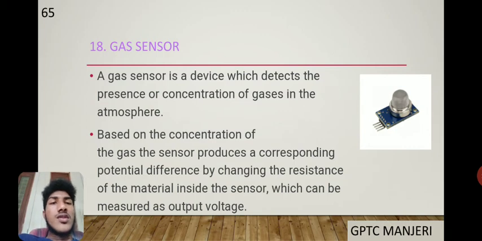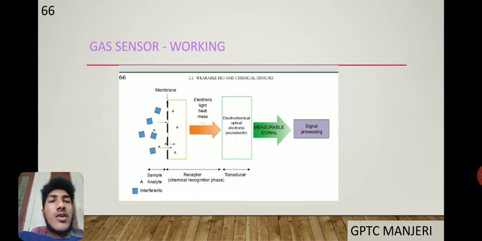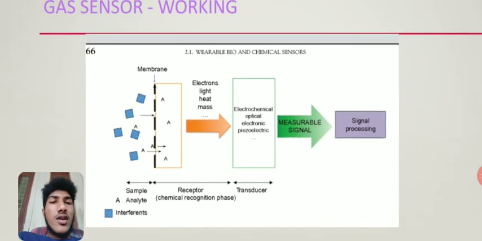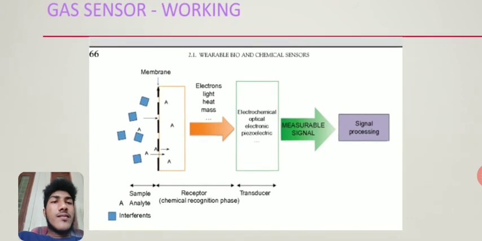Based on the concentration of the gas, the sensor produces a corresponding potential difference by changing the resistance of the material inside the sensor, which can be measured as an output voltage. This is the working diagram of the gas sensor.